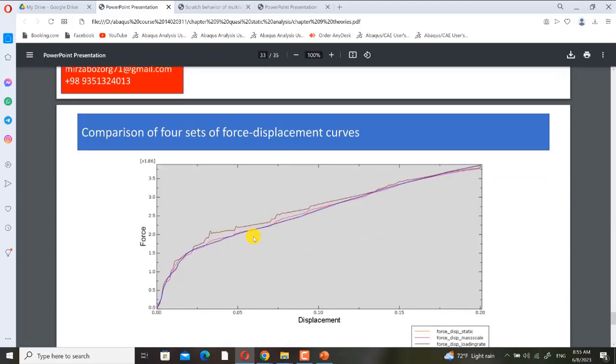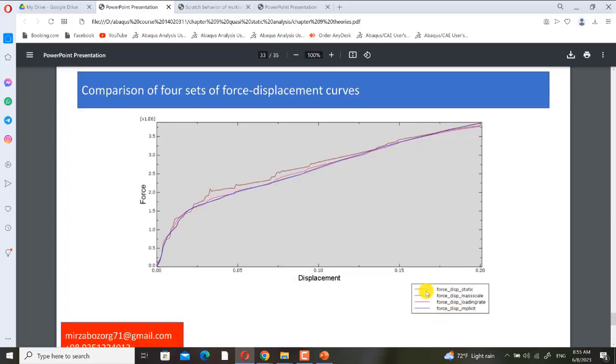And this is the force displacement curves for all 4 simulations. You can see that the light brown one is the static general one, and the pink one is obtained using mass scale, and the dark brown one is calculated using loading rate, and the blue one is obtained using the dynamic implicit step.